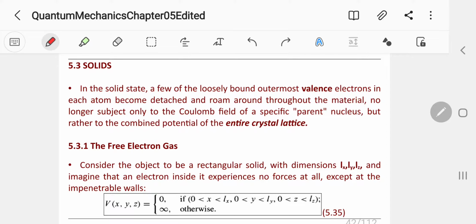Otherwise, when it's out of the solid, the potential is infinity, meaning that the electron just stays inside the solid.